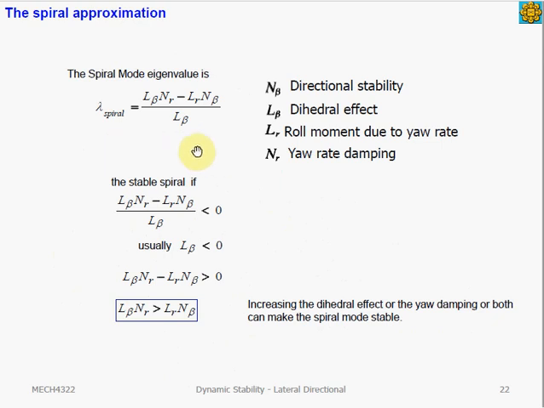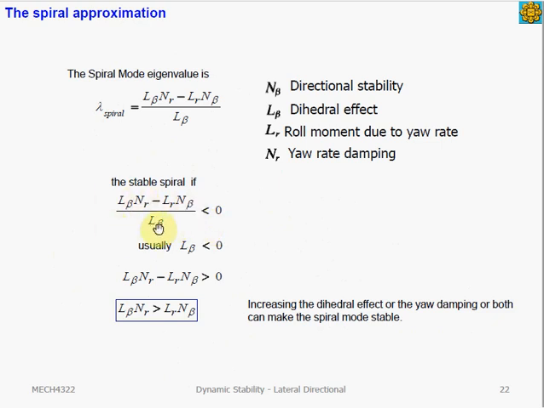We know that spiral mode can be stable or unstable. So depending on the values of these stability derivatives, the eigenvalue would be positive or negative. If we want a stable spiral mode, we want the eigenvalue to be negative. So this means that this expression should ideally be less than 0.